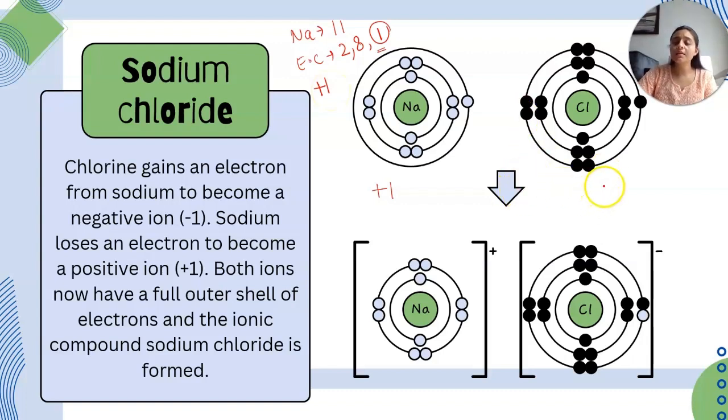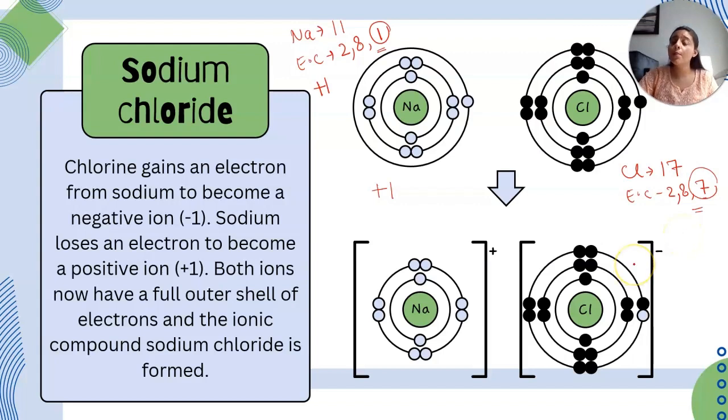On the other hand, the chlorine atomic number is how much? 17. So what will be the electronic configuration? 2, 8, 7. Now these are the 7 valence electrons, right? But what is the valency of chlorine? Is the valency 7? No. 7 is the valence electrons.